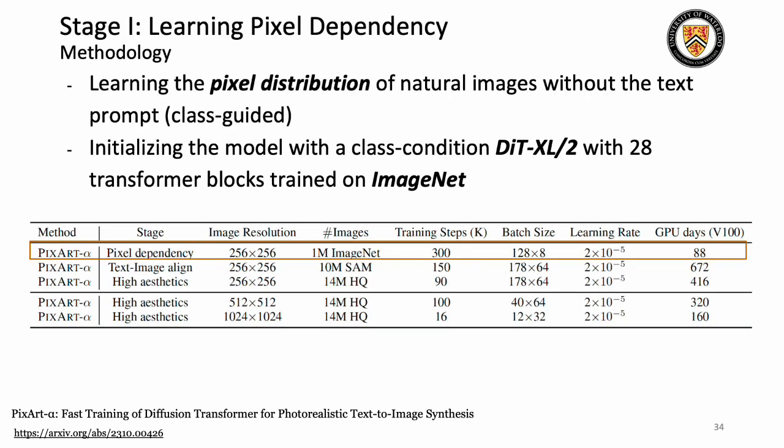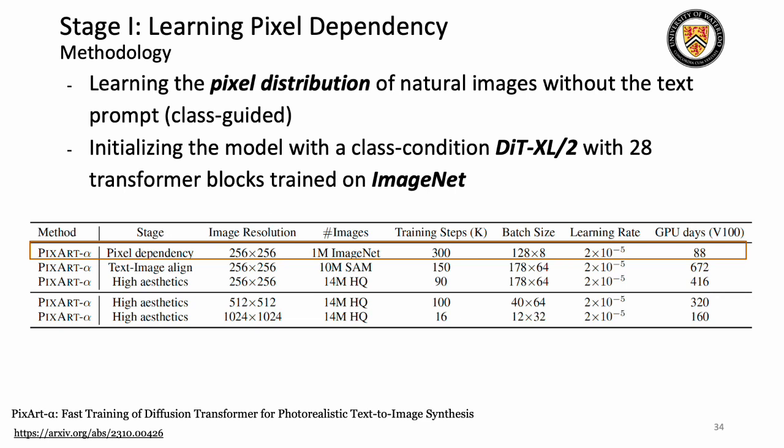The first stage of the training strategy is to learn pixel dependency. This stage is dedicated to understanding the pixel distribution of natural images without the interference of text prompts, essentially teaching the model the inherent structure and coherence found within the visual data.